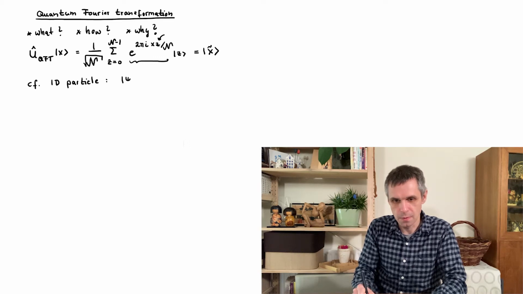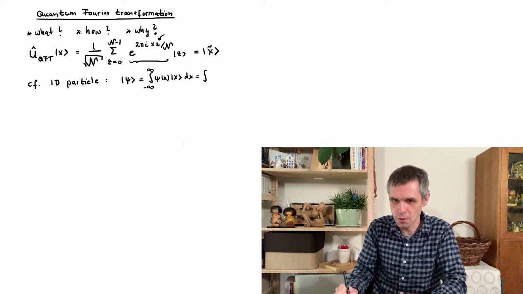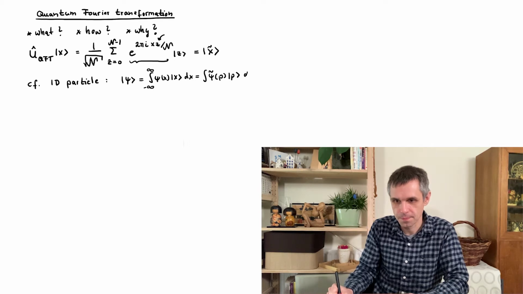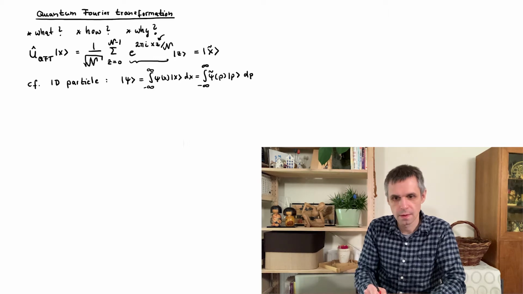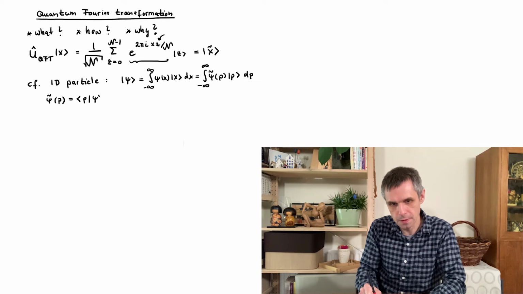So there we can write the quantum state either in terms of the position wave function, integrating over all space, or in terms of the momentum wave function, and the relation between the two is just a Fourier transform. So we obtain psi tilde of p by this scalar product between a momentum eigenstate and the wave function.